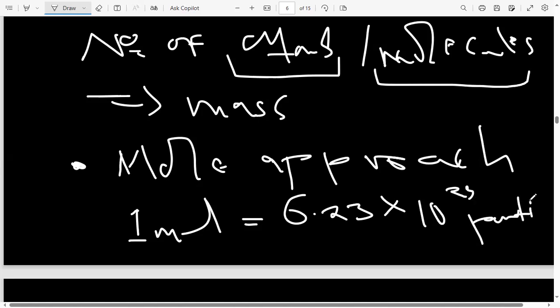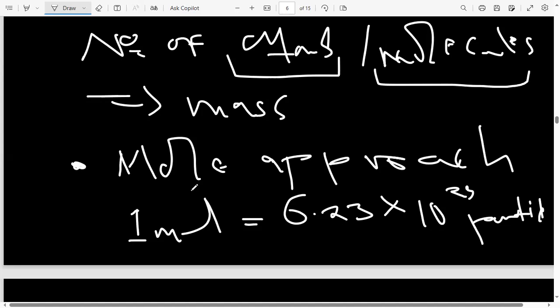So depending on what you are dealing with, just know that one mole of anything contains this number of particles.